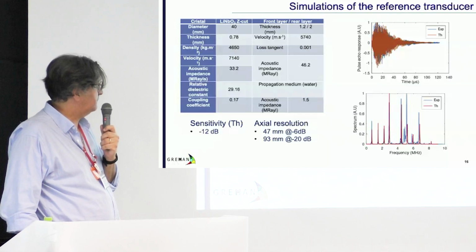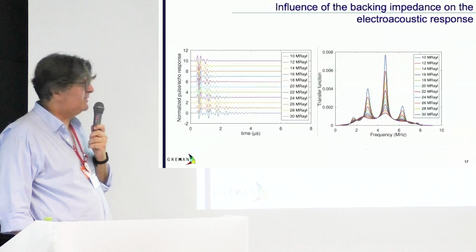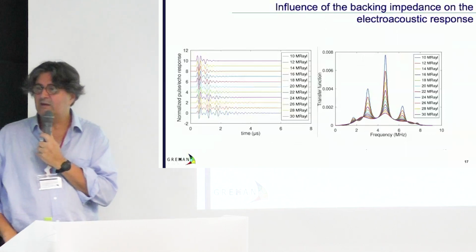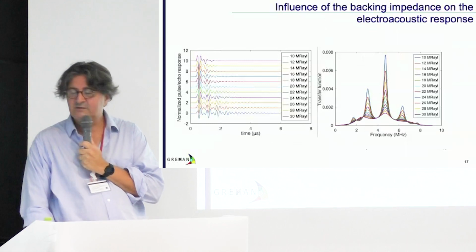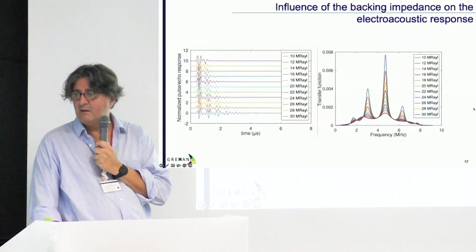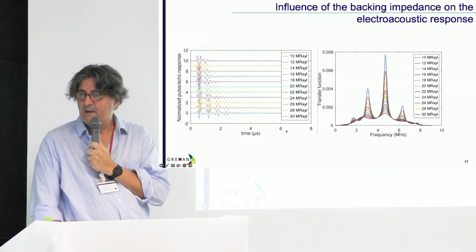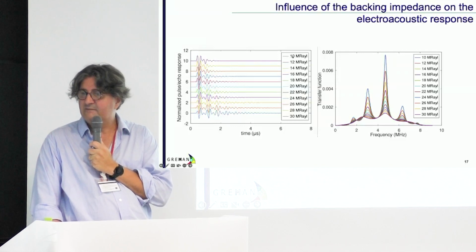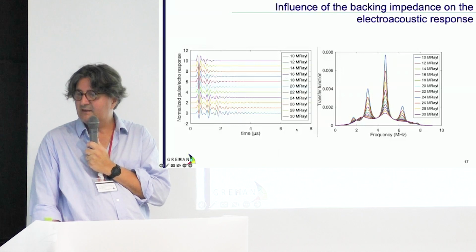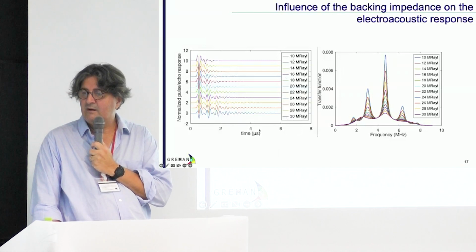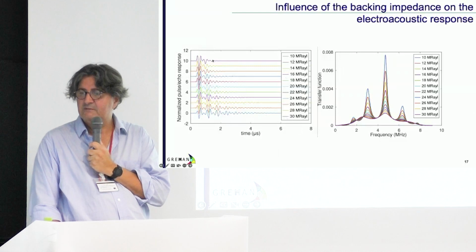We have done a study on the influence of the backing acoustic impedance on the electroacoustic response by varying the impedance from 10 to 30 megaRayls. And if we vary this value, we can see that for high impedance, of course, you shorten the response.